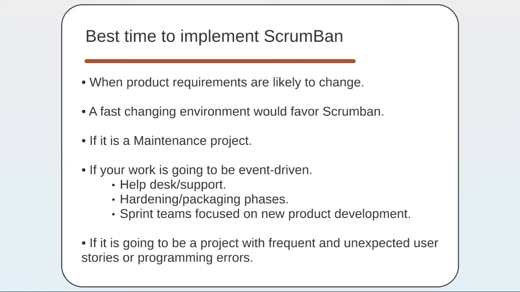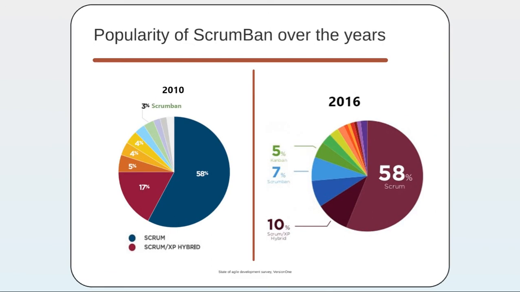And also if it is a maintenance project, if your project is a help desk or hardening sort of project, then it is good to switch to ScrumBan if you are planning to. Taking a look at the popularity of this method, as you can see, Scrum is still the most popular agile method all over the world.